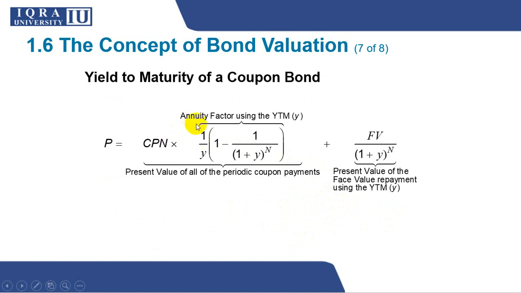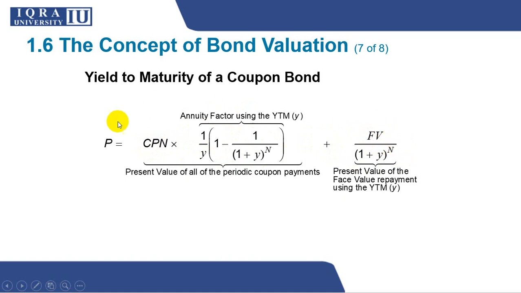So what is the annuity factor? The annuity factor is 1 over y, times 1 minus 1 over (1 plus y) to the power n. This is the discount factor. So this is for the annuity factor. This is the coupon payments, and you are multiplying with the annuity factor, and then you are also using the discount factor with the future value, the par value you have paid, which you will get in the future.